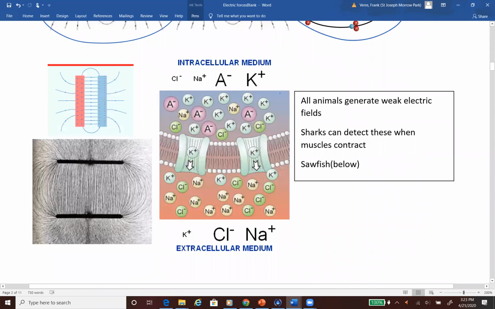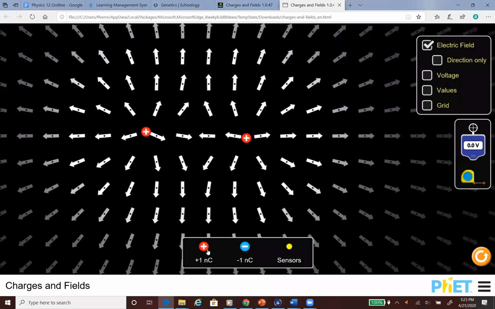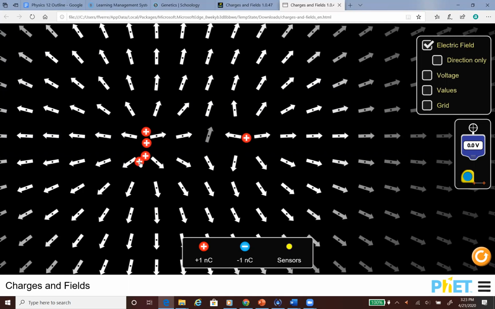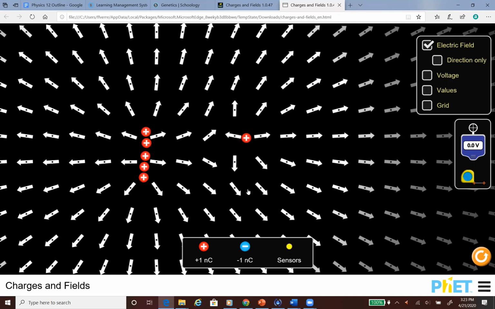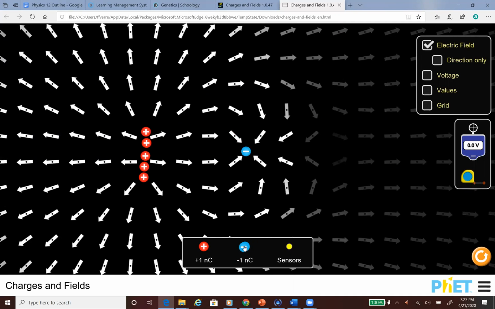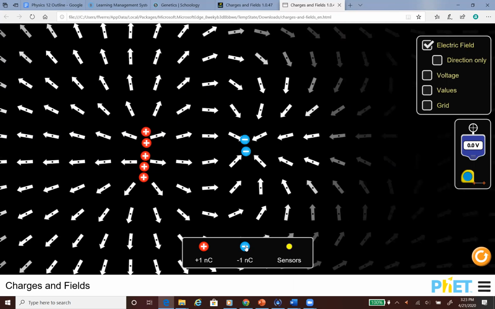You'll also get a chance to generate electric fields between plates. So for instance, what would happen if I did something like this? A plate would be basically some sort of metal conductor, a straight metal conductor, and it produces an electric field between the plates. You can see what it's going to look like.